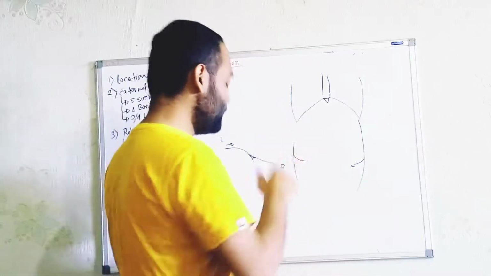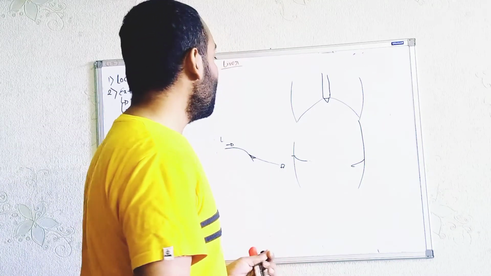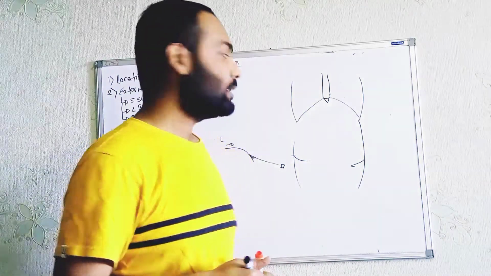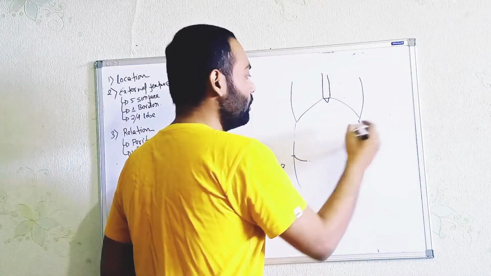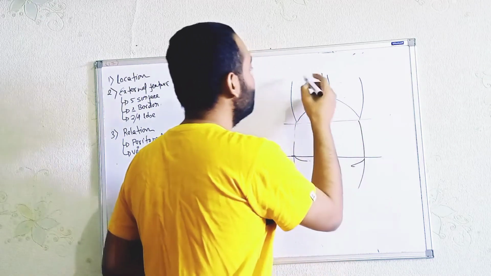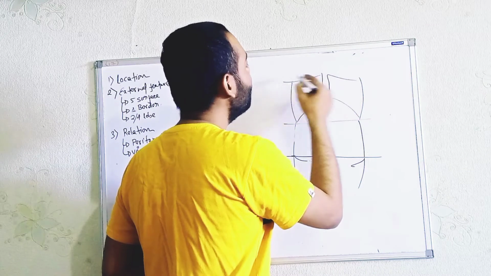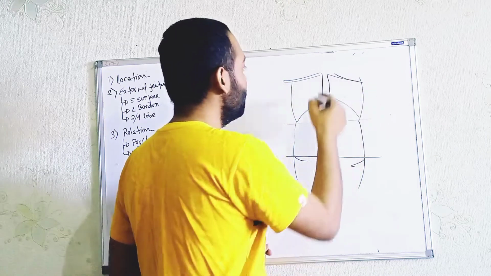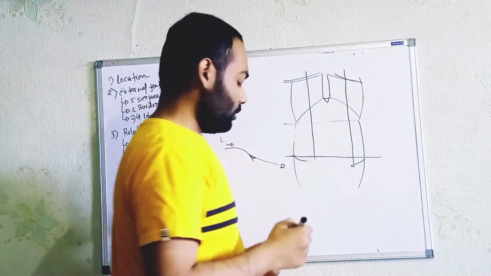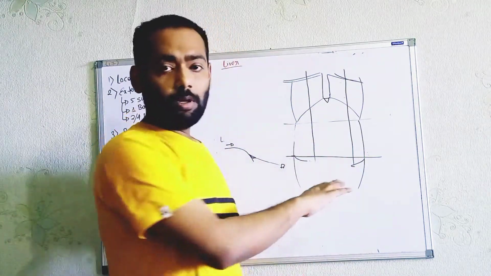So what is the liver? Now we know there is a nine-quadrant region. Let's see, this is our clavicle, okay, mid-clavicular line. I'm not going to discuss this one.